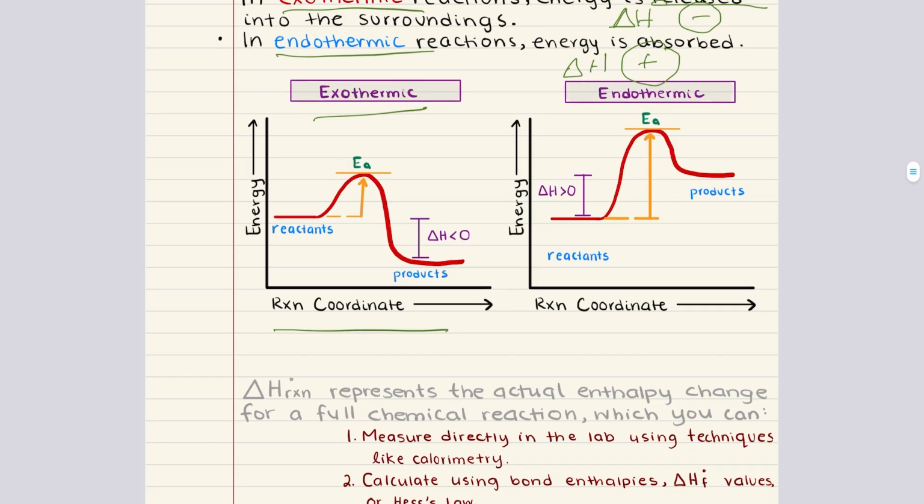For an exothermic reaction, you'll notice that the energy of the reactants is higher than that of the products, and the gap between them represents the magnitude of delta H, which is going to be negative. For an endothermic reaction, on the other hand, the energy of the products is higher than the energy of the reactants, and this gap reflects a positive delta H.